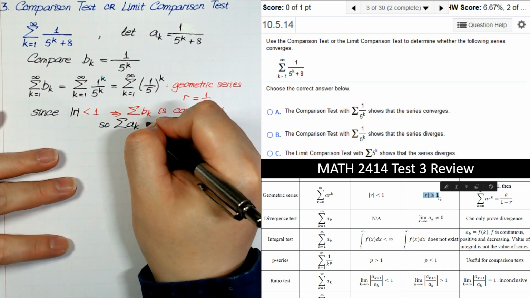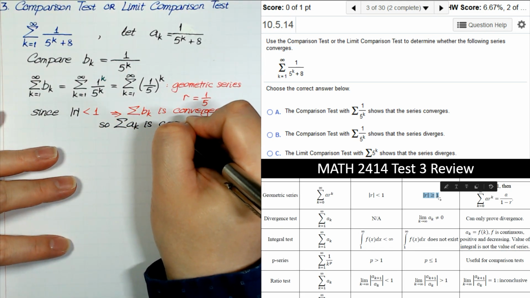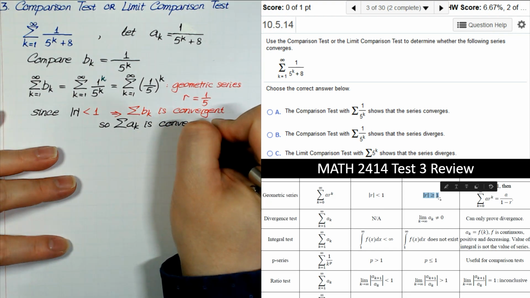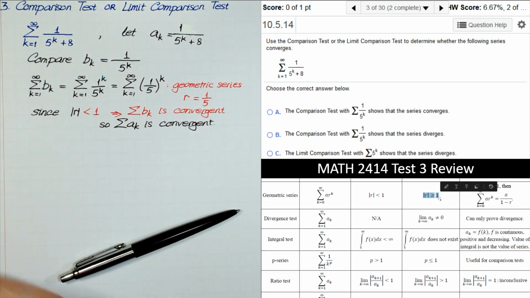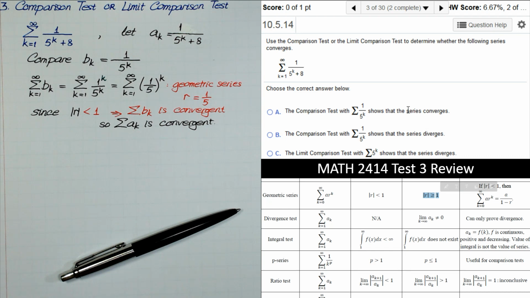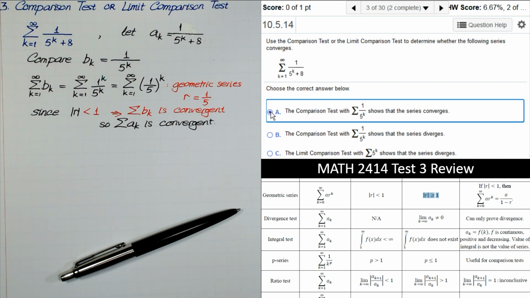So the original is convergent. Right. We compare test with that and show that the series is convergent. And that is the limit comparison test.